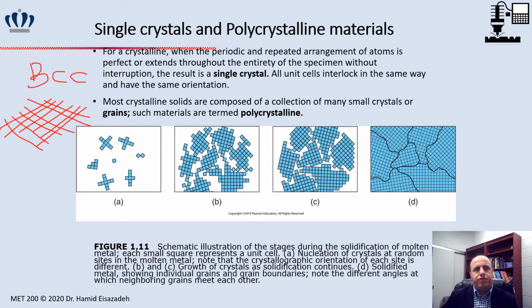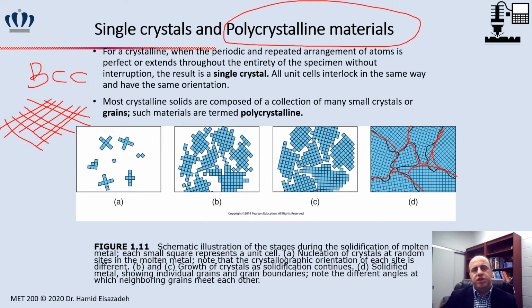And if you don't have this type of behavior, if the grains or the unit cells have a random orientation like this one, which can happen during solidification, and many grains form during the cooling process, then we have polycrystalline.